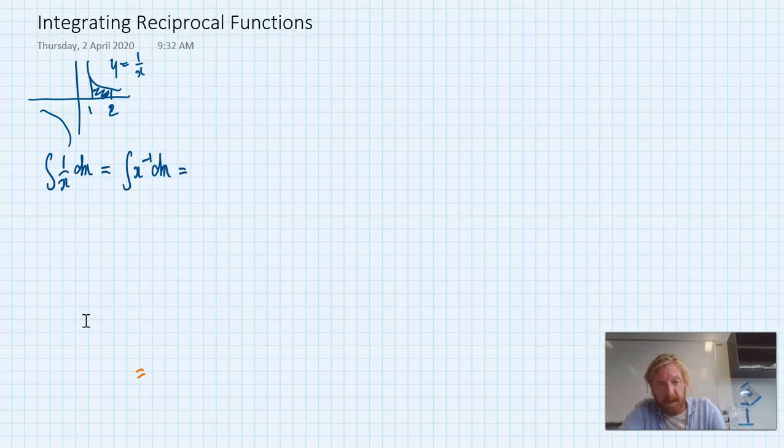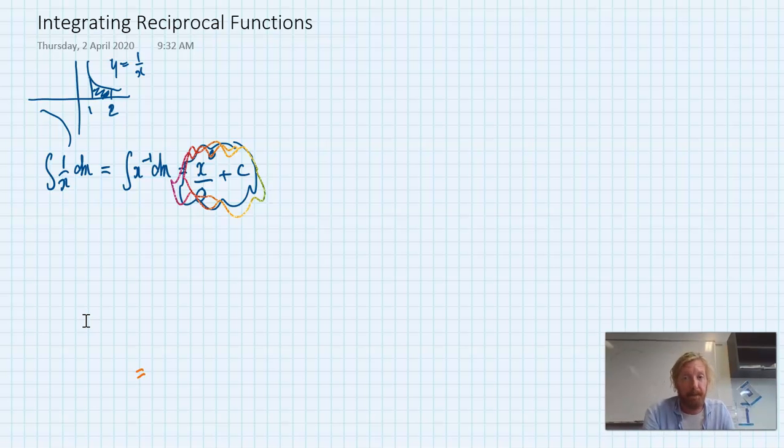And then we did our little power thing and we went x to the add 1, 0 on 0 plus c. And when I got this, divided by 0. So that didn't work. Luckily, everyone's favorite thing, logarithms, are going to come to save us.